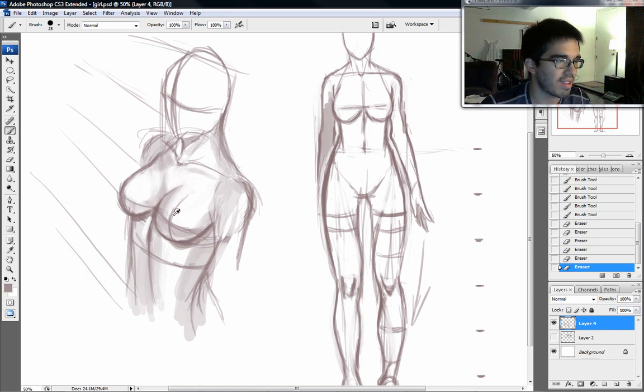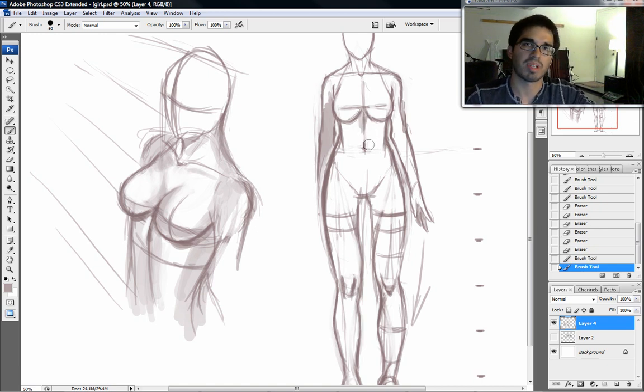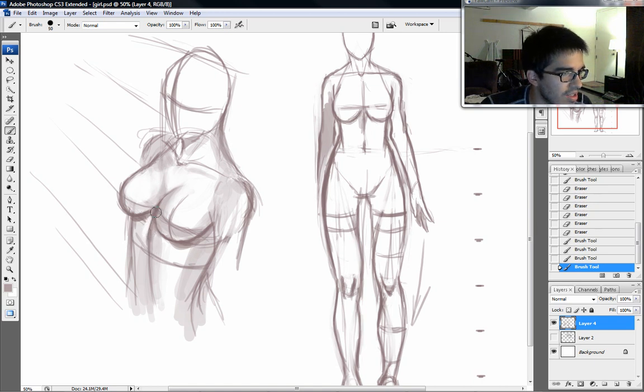Now another thing to think about is this little indentation. Remember I was talking about it right here? There's a little indentation where the sternum meets the rib cage and goes down. The way that you do that is you continue the center line and it goes in. And then remember how I was talking about this muscle right here kind of comes up? It does the same thing right here. And again, subtlety.